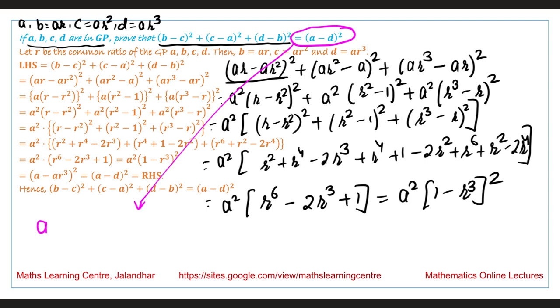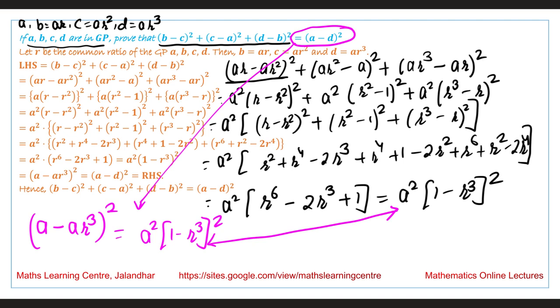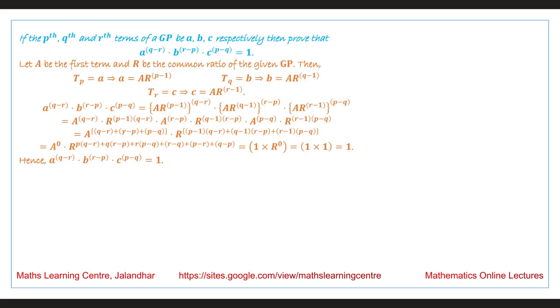We will have a minus, the value of d we have, it is a r cube, and it is whole square over here, so we are getting a square into 1 minus r cube raised to the power 2, and both these values are equal. So we obtain that LHS is equal to RHS, and this is what we have to prove.